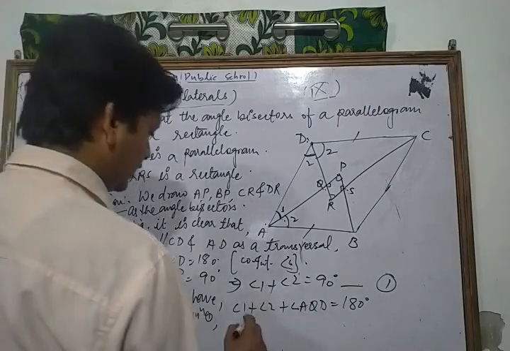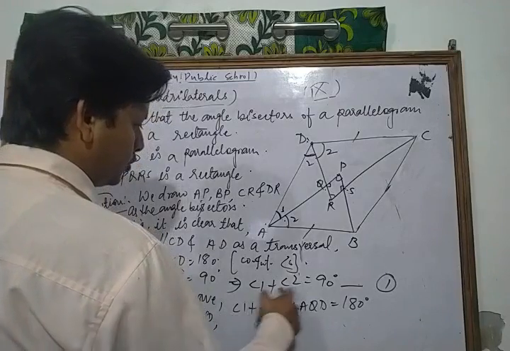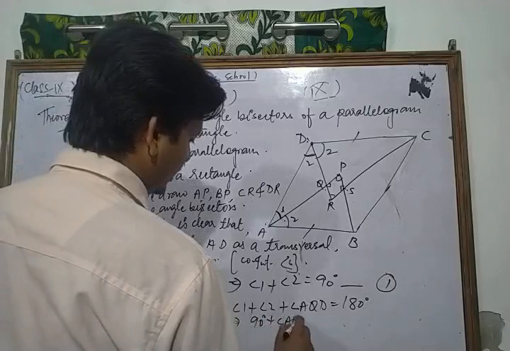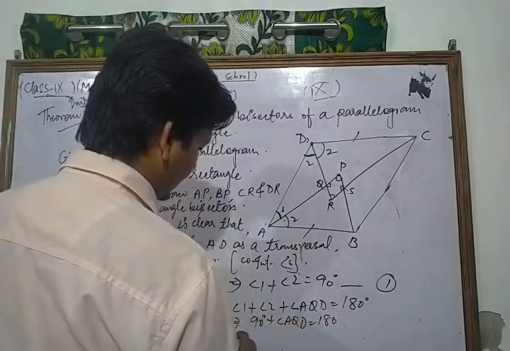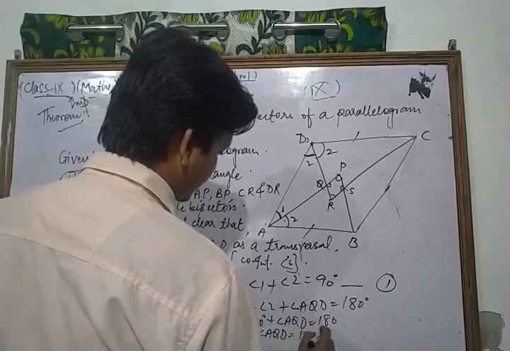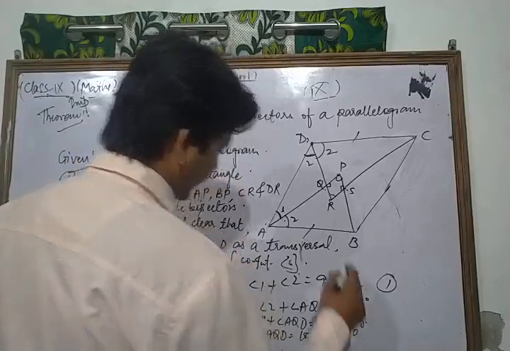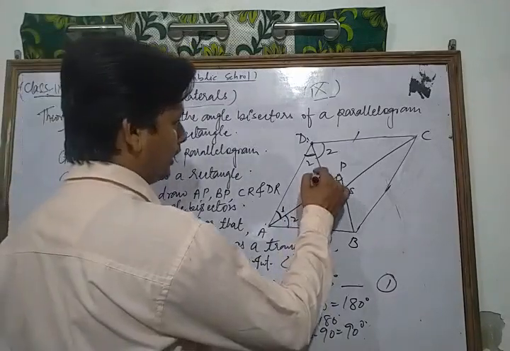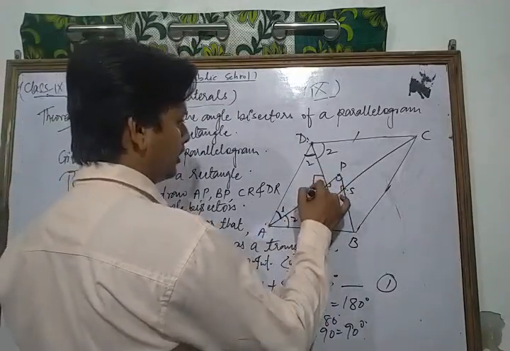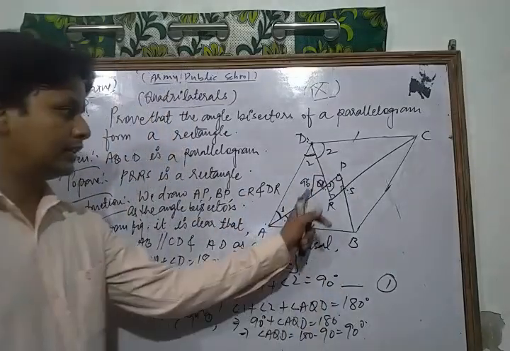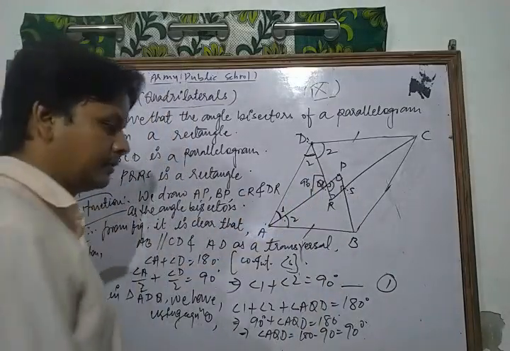Using equation 1, we write the value of angle 1 plus angle 2 as 90. So 90 plus angle AQD is equal to 180, that is angle AQD is equal to 180 minus 90, which is 90. In this way, dear friends, the value of angle AQD is 90.